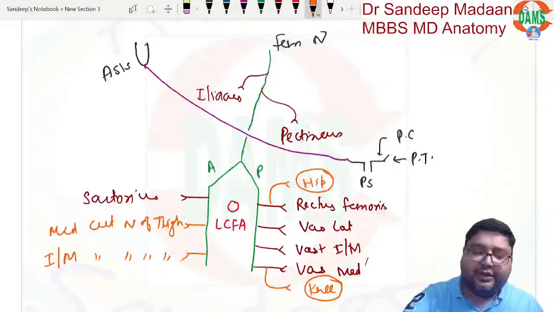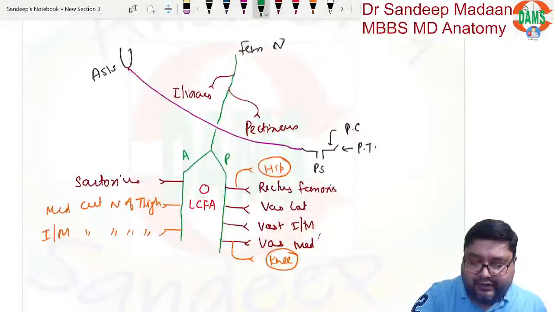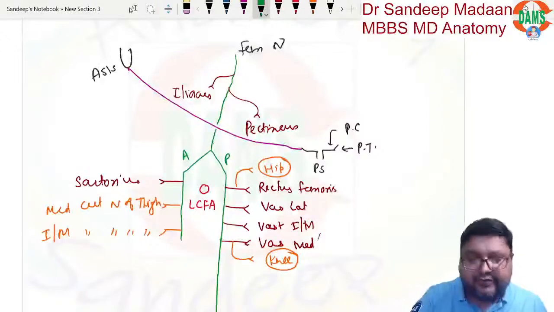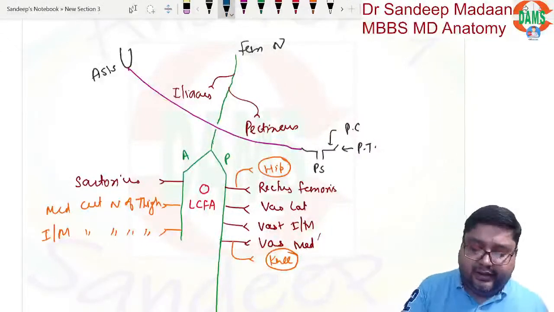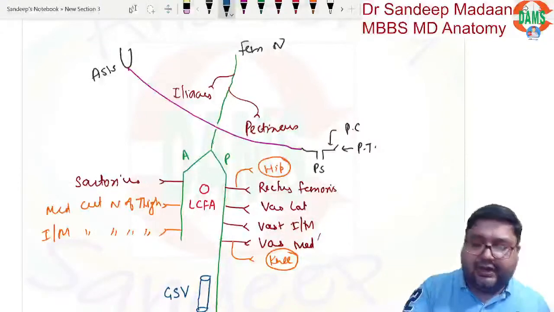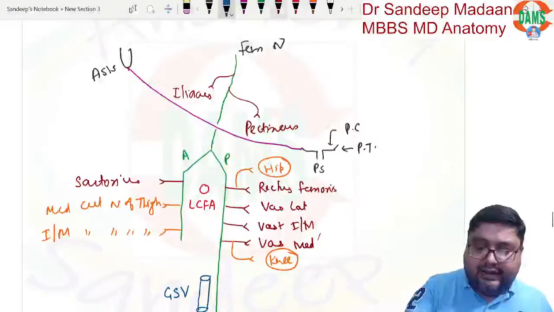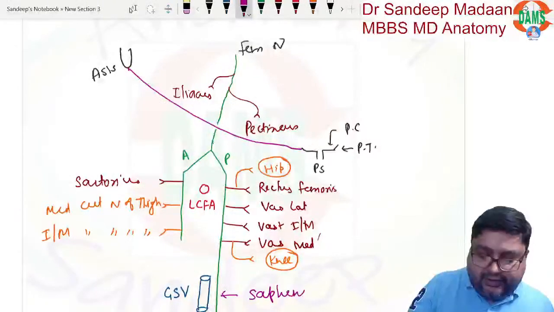So far so good. But then, the posterior division of the femoral nerve has not ended. It will continue with the great saphenous vein, and in this segment it is called the saphenous nerve.